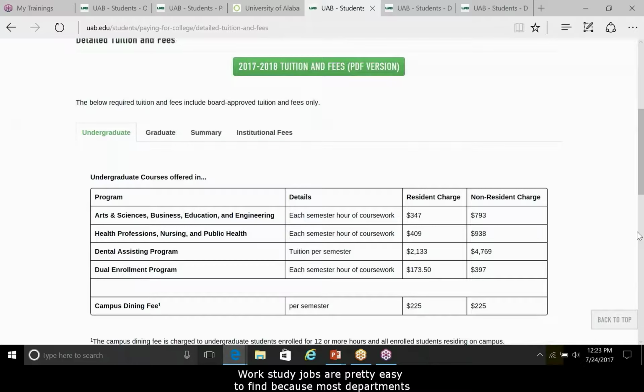Work study jobs are pretty easy to find because most departments like having those work study students available to them. Hire a Blazer on the UAB website will list all of the jobs that we know of that are looking to hire a student. It gives you the contact information for that department, a little bit of a job description, and it's really then up to the student to find a position.